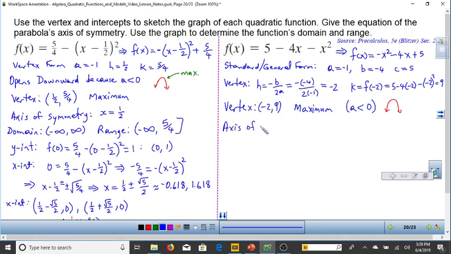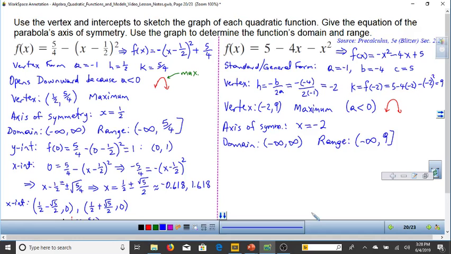Axis of symmetry is just x equal to the x coordinate of the vertex. And the domain, of course, is all real numbers, negative infinity to infinity. And the range, since it's a maximum, starts from negative infinity and rises all the way up to the y coordinate of the vertex.